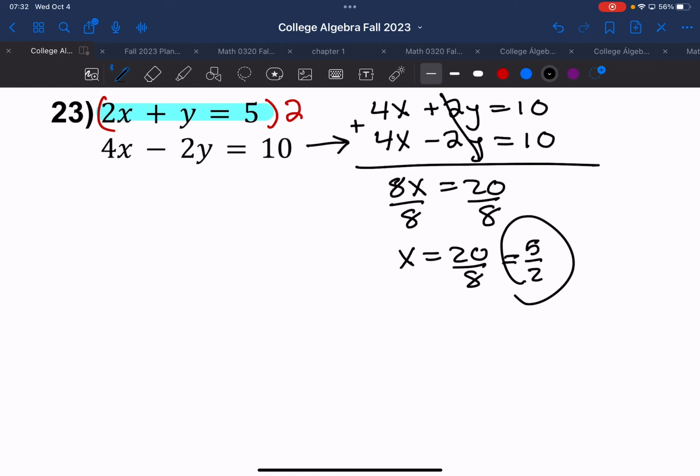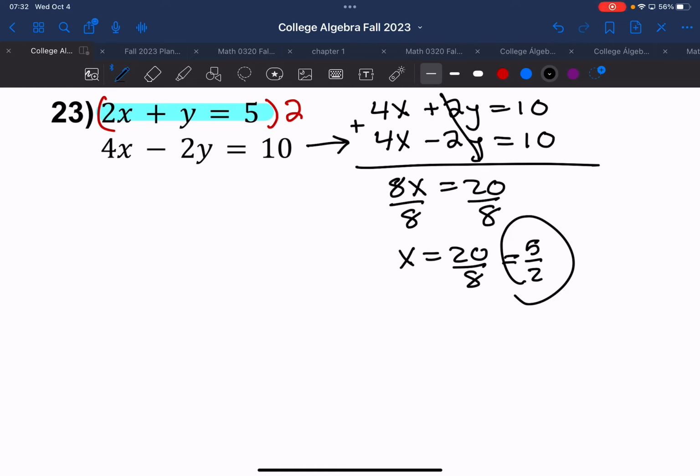So if you think this method is easiest, then you would use this method. But on the test, at least on this one coming up, I have to make sure you understand the difference between all three, right? So there's at least going to be a question on graphing it, elimination, and substitution. On all the next tests coming up, I'm not going to care which method you use. Okay.